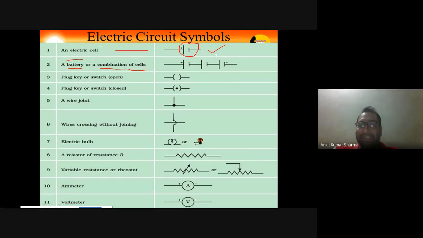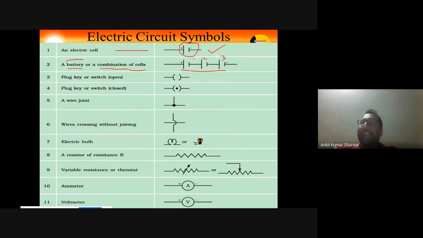So you can see in the symbolic representation there are many cells combined together, 1, 2, 3, है ना, 1 then 2 and then 3.